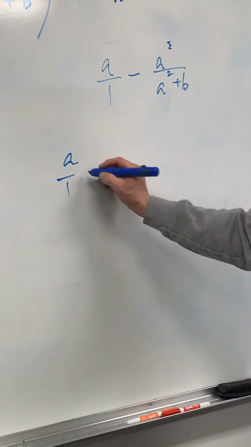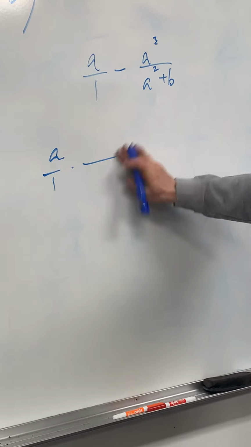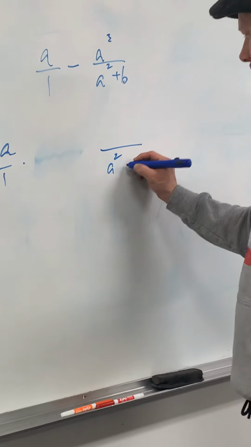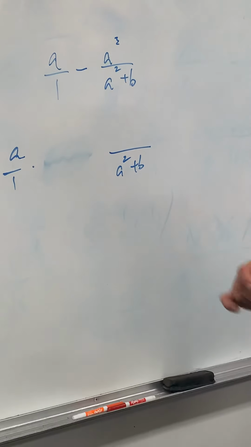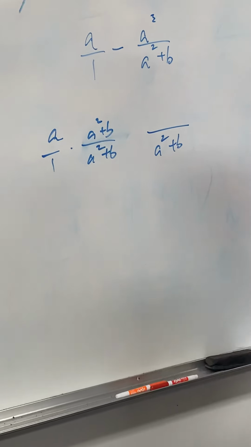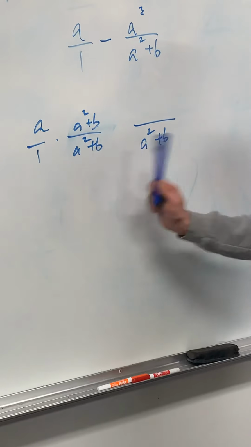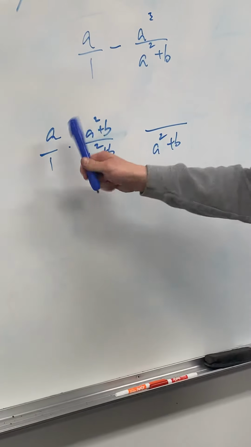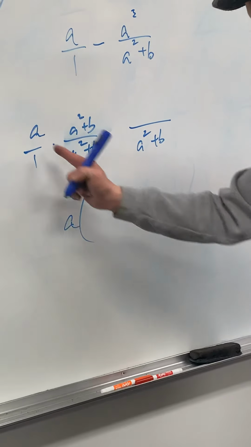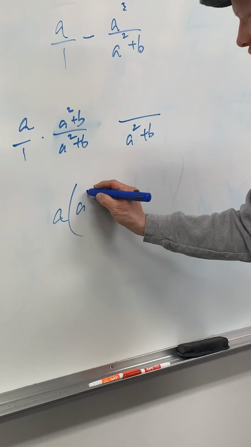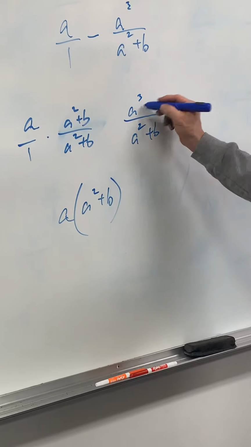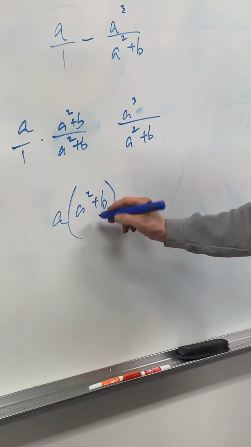A over 1 times A squared plus B over A squared plus B. In the top, that's A times the quantity A squared plus B, which gives me A cubed plus AB.